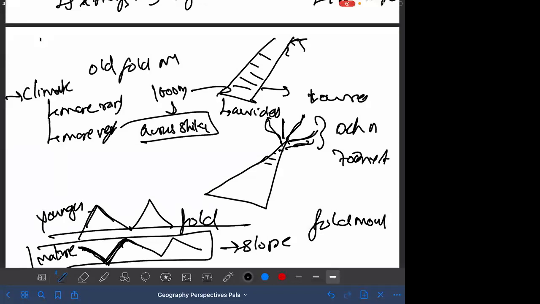The average relief would be about 600 meters.